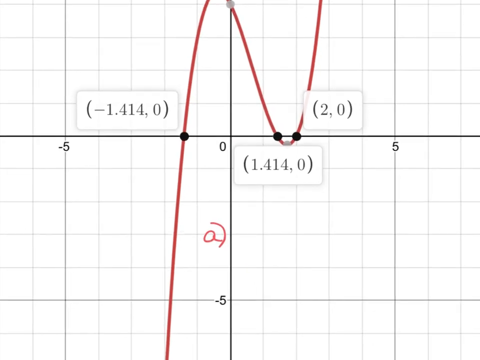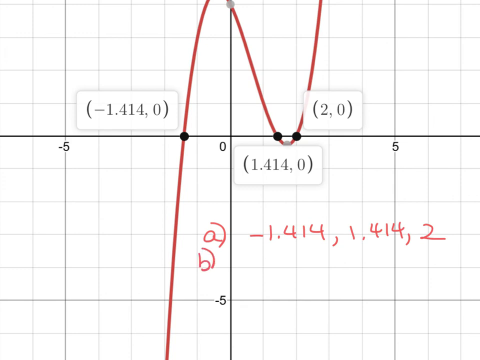So for part A, you're going to type in negative 1.414, comma, positive 1.414, comma, 2. That's what it's expecting you to do for part A in your WebAssign homework, is just key it into a graphing utility, get those 3 numbers, or if it's 4, and write them down.